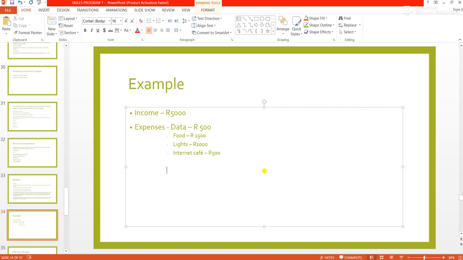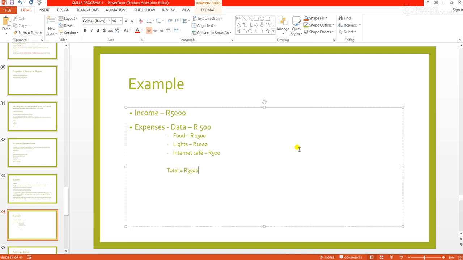So this will be it in terms of the expenses that you have. Let's calculate these expenses that you have on a month-to-month basis. 500 plus 1,500 plus 1,000 plus 500. So the expenses that you make in total is 3,500.